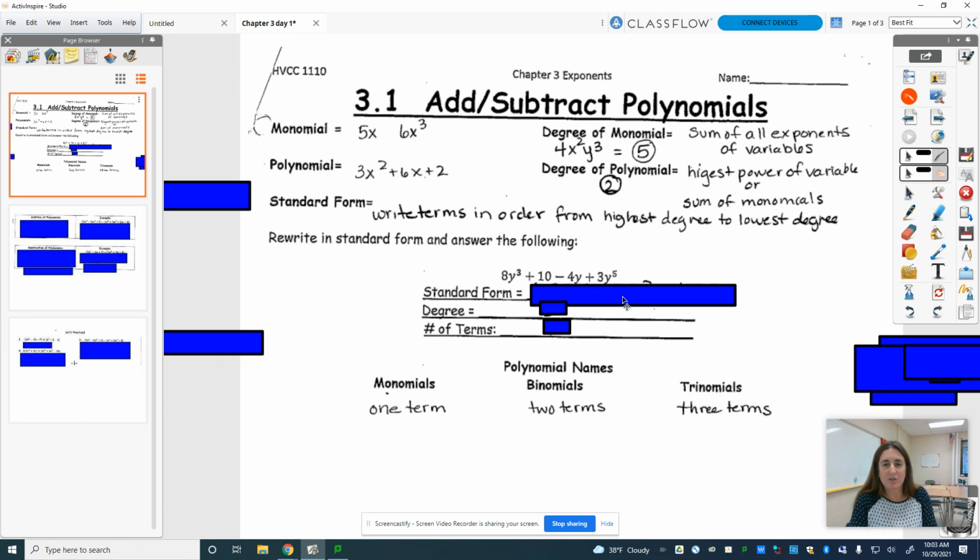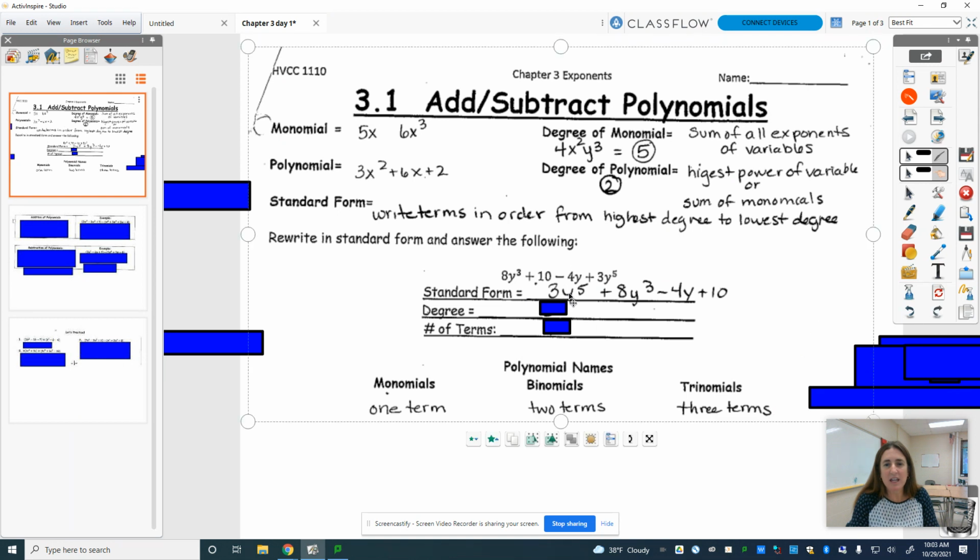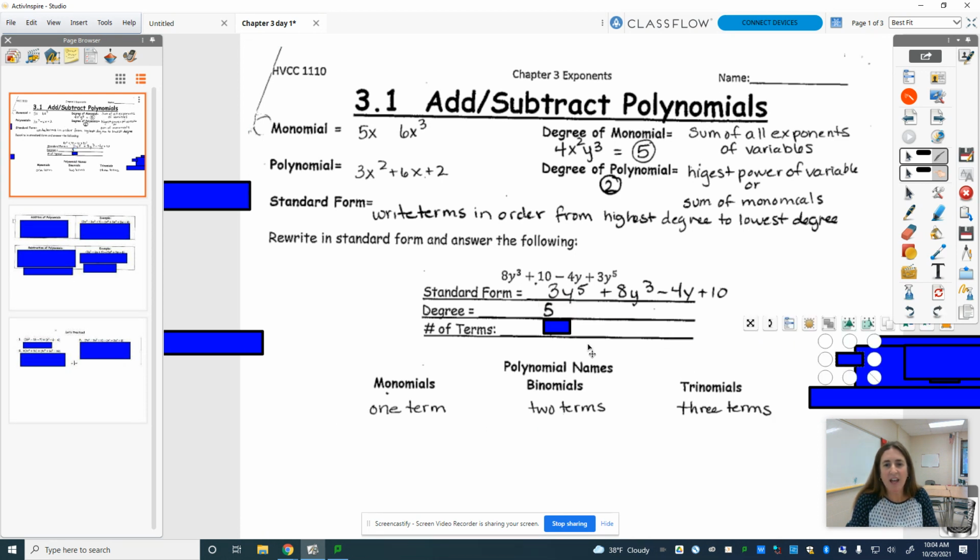This is not in standard form because it's not going in order of their powers from highest degree to lowest degree. So it needs to be rewritten so it's 3y to the fifth, because 5 is the highest power, plus 8y to the third minus 4y plus 10. Our degree here is 5, and this has 4 terms, so we would classify this as a polynomial.